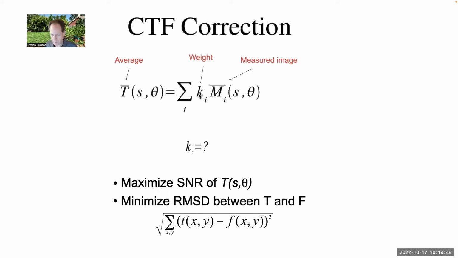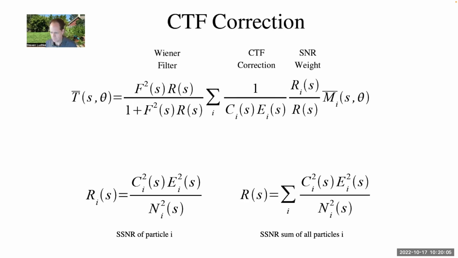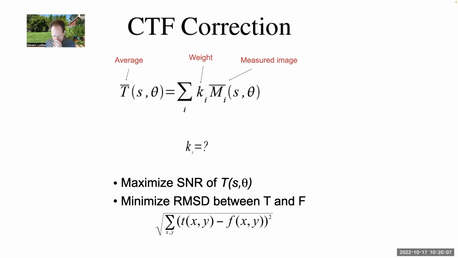And this weight is also going to be a function of spatial frequency, meaning we're doing the averaging in Fourier space, not in real space, and we may be weighting the different images differently. All right, what do I mean by that? I'll show you some pictures in just a second.